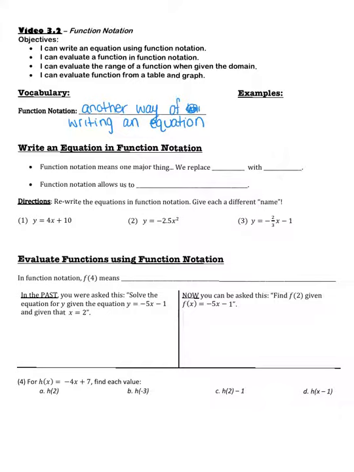A lot of times we're used to just saying y is equal to 2x plus 1. So we're going to take out the y and replace it with f of x is equal to 2x plus 1. So we've given it a name of f, the function f in terms of x.